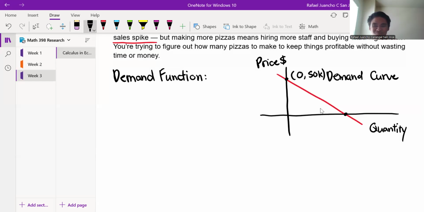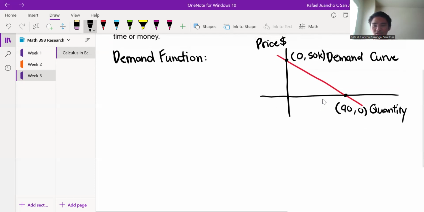And maybe here this is 40 and $0, right? Because it intersects the quantity axis. That's why the y coordinate is 0. So initially, we have a high price, but we don't have any pizzas, which is not ideal, right? And here we have a lot of pizzas, but we don't have any price for it.